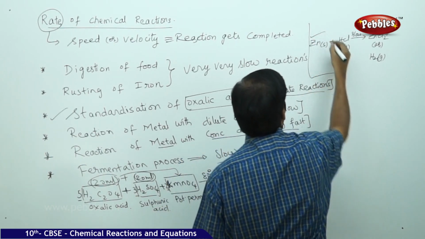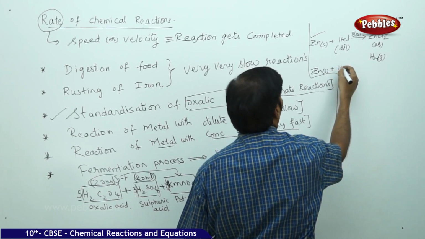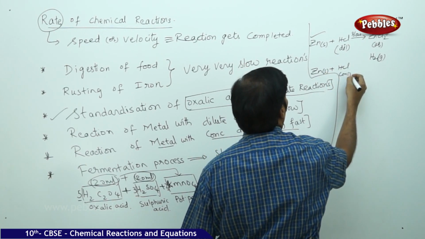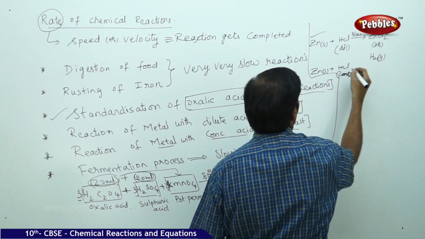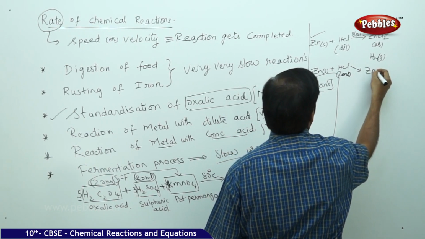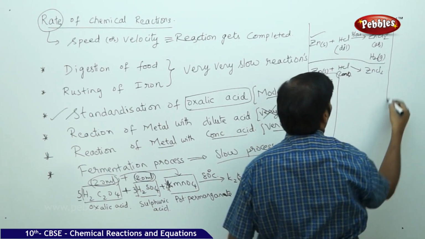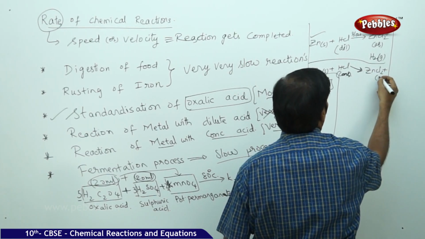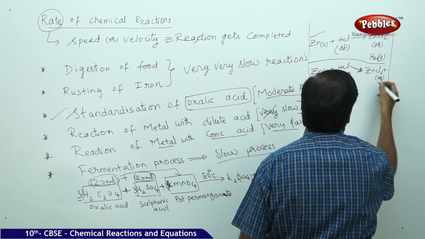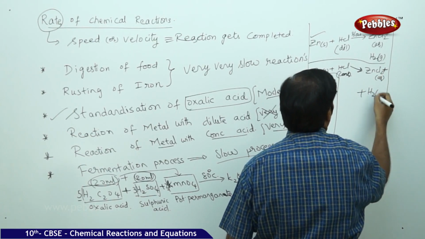But if you carry out the same reaction with zinc solid and concentrated HCl, here also you are going to get zinc chloride, no doubt about it, aqueous zinc chloride plus H2 gas.